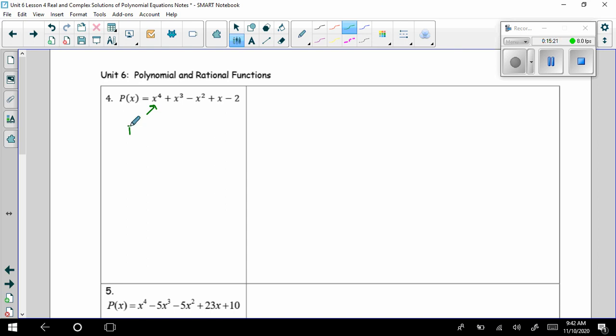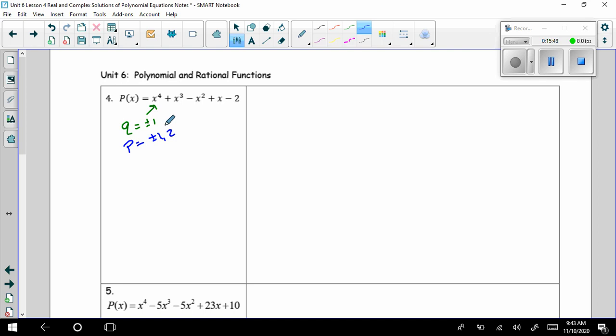So our Q is plus or minus 1, and our P is plus or minus 2. So our possible rational zeros are a list of our P's anytime your Q is 1.